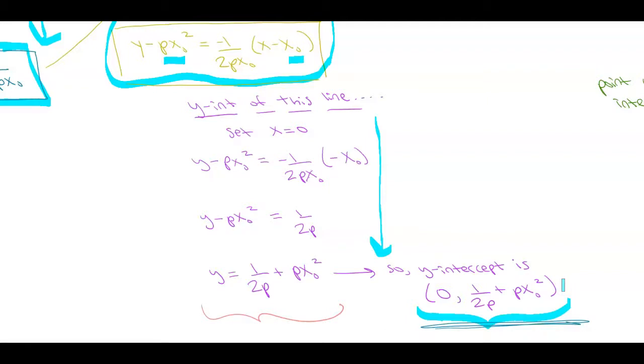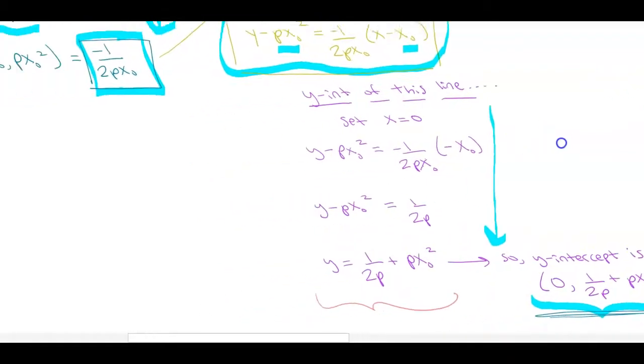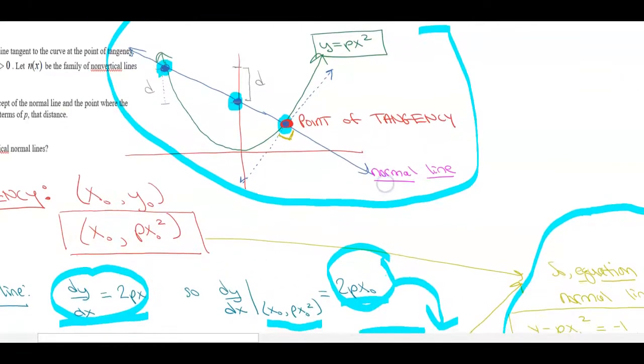Now, okay, so we got the ordered pair of this point. We now need to find the y coordinate of this point. Because this distance d is going to be the y coordinate of that point minus the y coordinate of that point. Specifically, we're talking about only vertical distance.